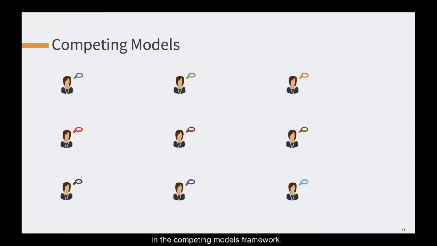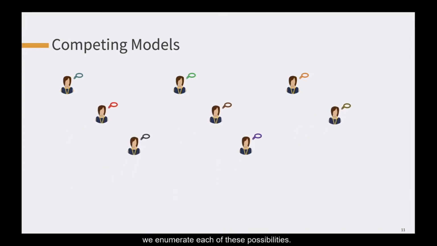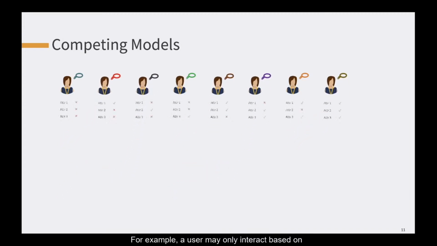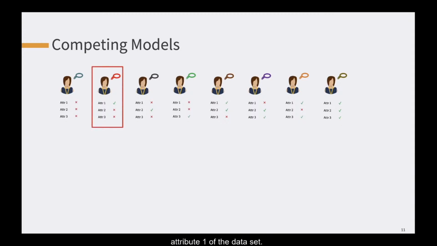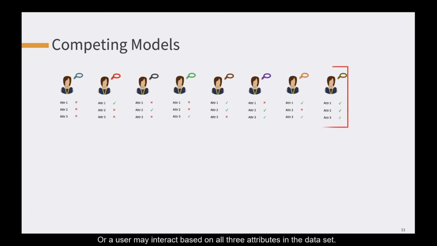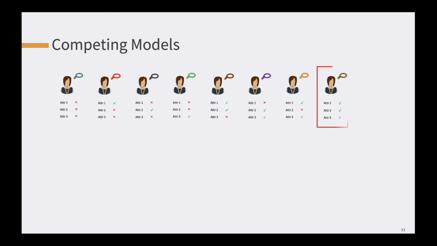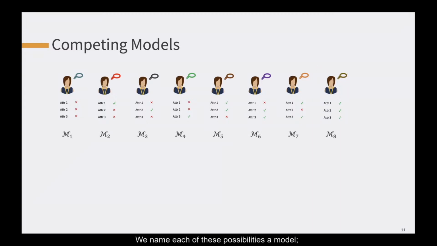In the competing models framework, we enumerate each of these possibilities. For example, a user may only interact based on attribute 1 of the dataset, or a user may interact based on all 3 attributes in the dataset. We name each of these possibilities a model, so we have model 1 through model 8 in this example.